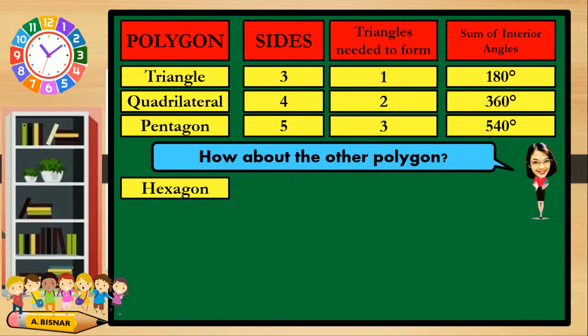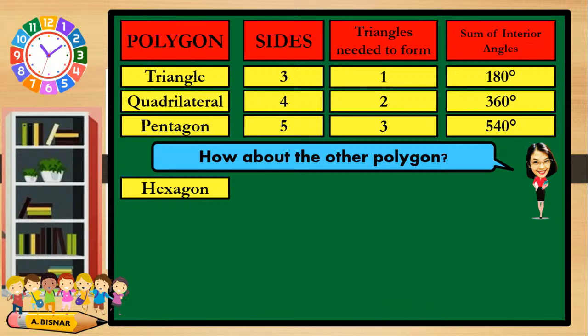And then try to identify how many triangles are needed to form a hexagon. And what is the sum of the interior angles of a hexagon? What's the answer?